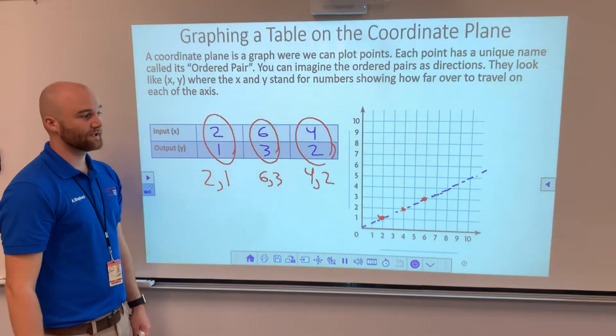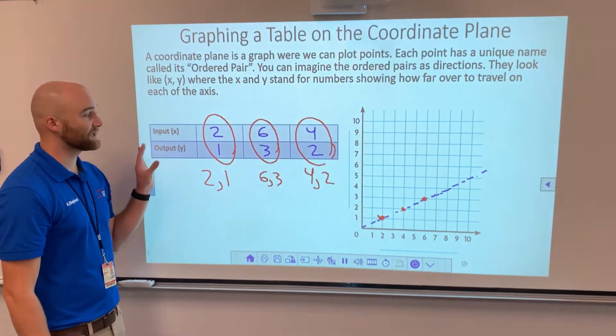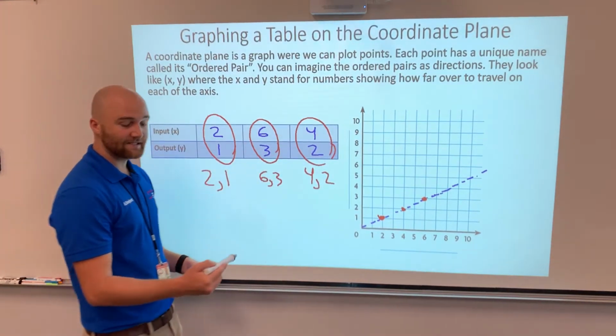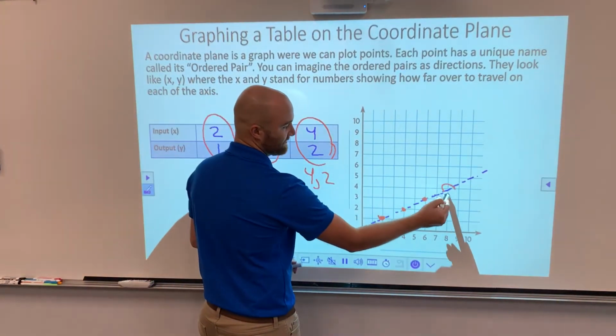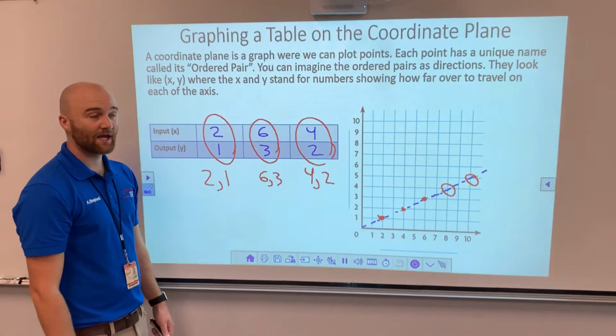Now I've drawn a straight line through. This can sometimes help me if a problem asks me what's the next set of my input-output table. I can see that there might be a dot right here, there might be a dot right here. Those are places where I might put dots.